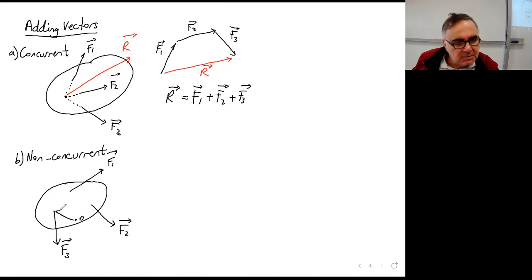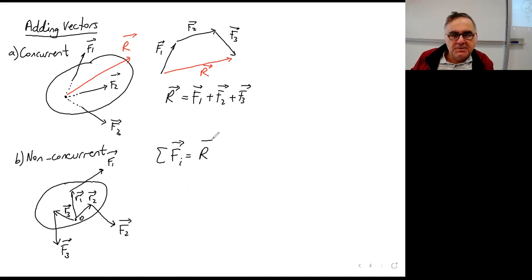In that case, this is R3, this is R2, R1. Here obviously the summation of all the forces is still equal to R. The resultant force is going to be an addition of all three forces.